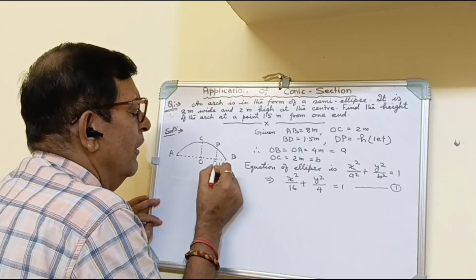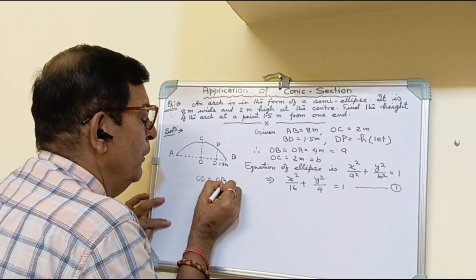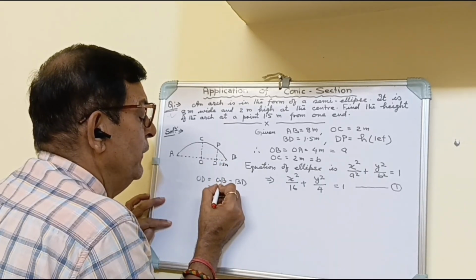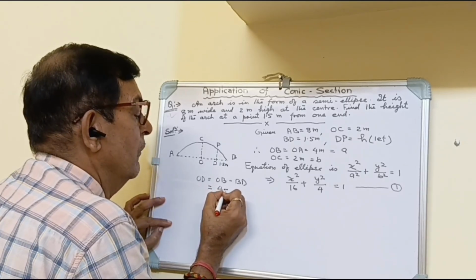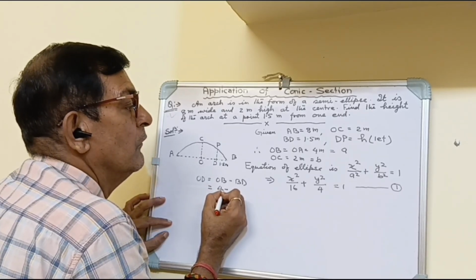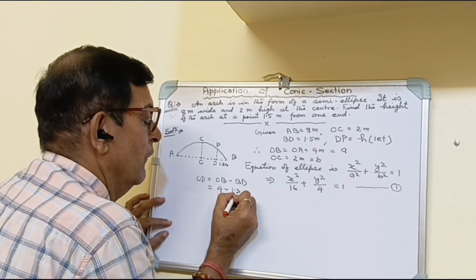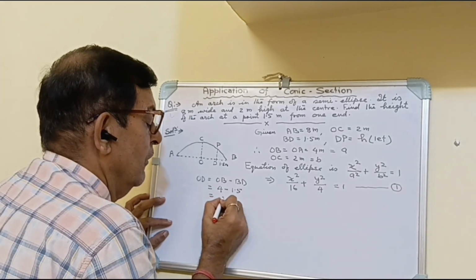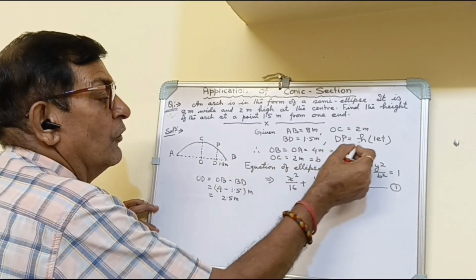Now, BD is equal to 1.5 meters, therefore OD is equal to OB minus BD, that is 4 minus 1.5, that is equal to 2.5 meters. DP is equal to h.